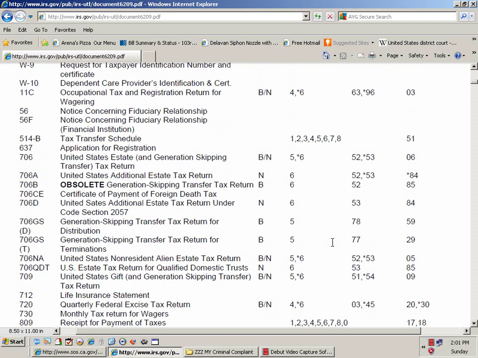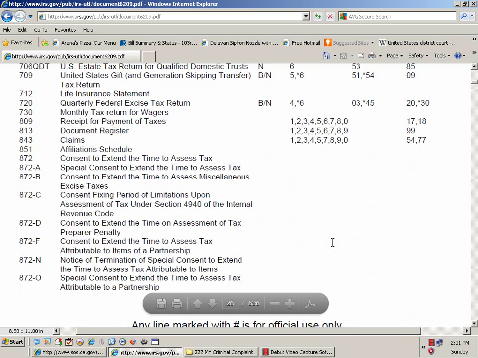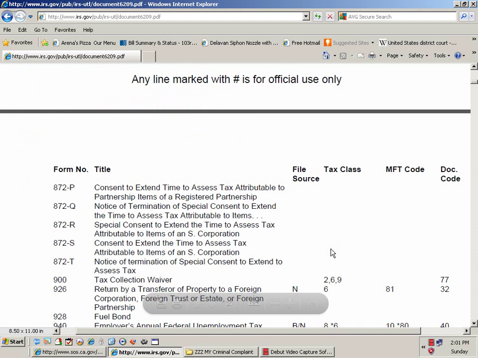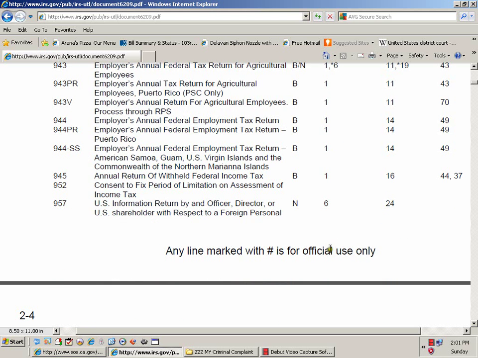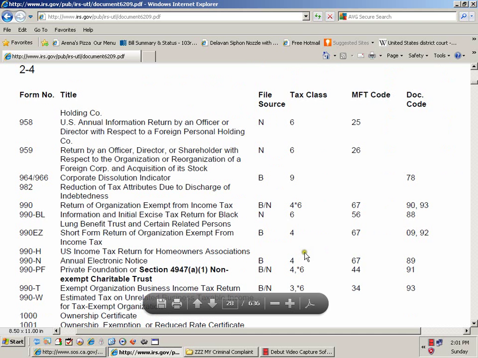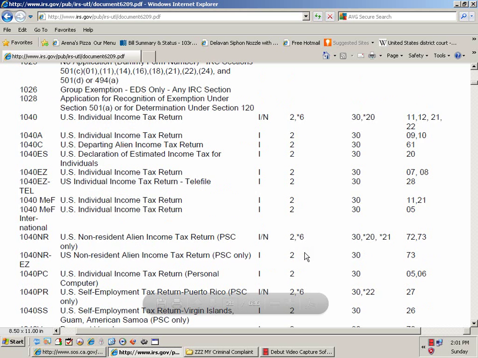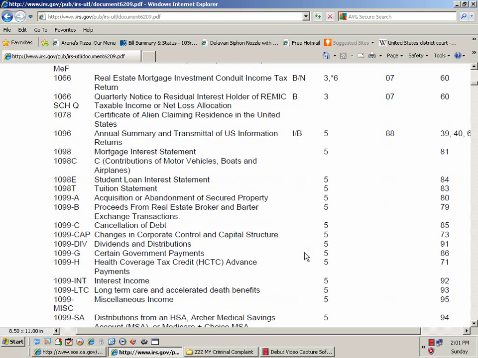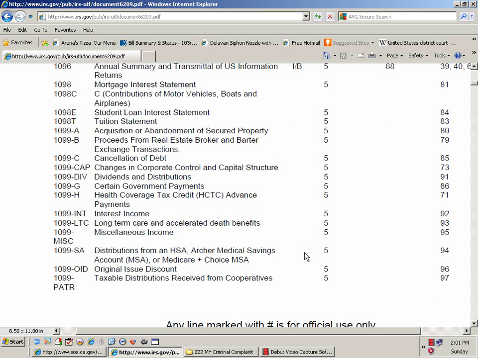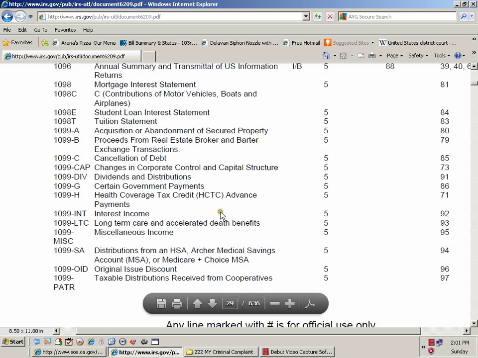Got lots of class 5s in here. I wonder about 1099s. What do you think the chances are that a 1099 is a class 5 gift and estate? Let's see. You go far up. There we are. Well, look at that. All of those are class 5 gift and estate.